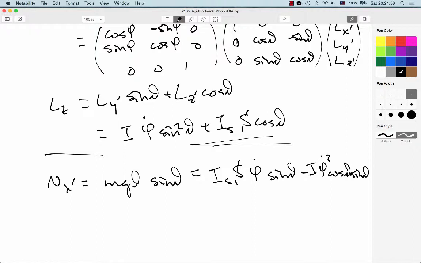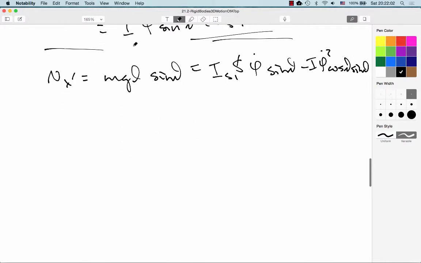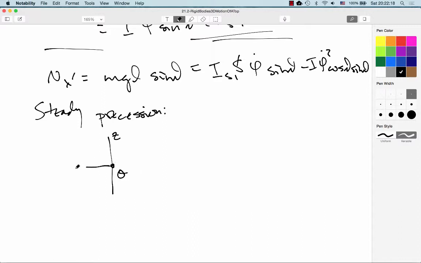All right. Now, in the not too distant future, we'll attack the more general cases with some other methods, but we can look at the case of steady precession immediately. So here's my z-axis, there's my origin, and my top is fully sticking out sideways.